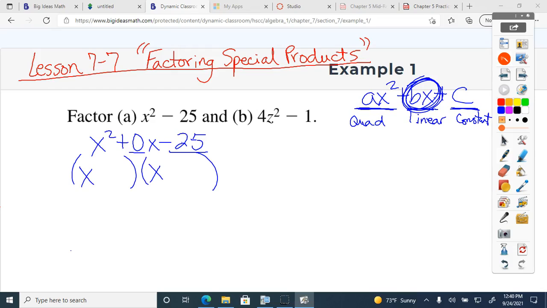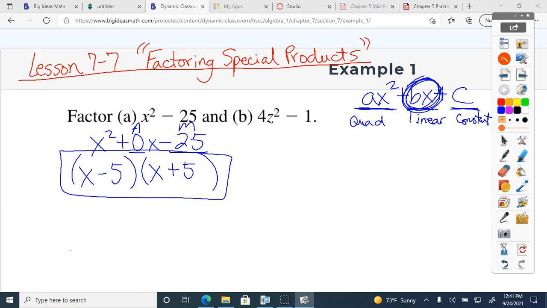So when you do problems like this, you're doing the same little game in your head. You're figuring out what multiplies to be that number and adds up to be 0. The only way to add up to be 0 is to be the same number but opposites: negative 5 and positive 5. Those would be my factors.